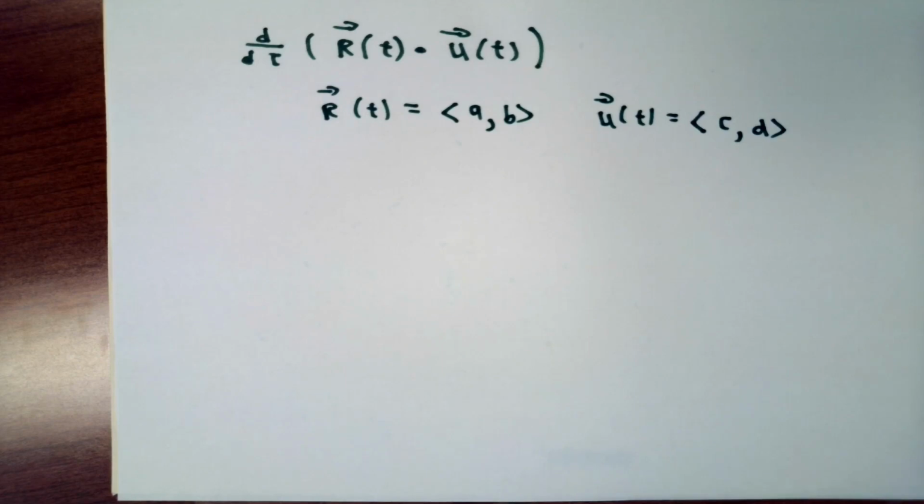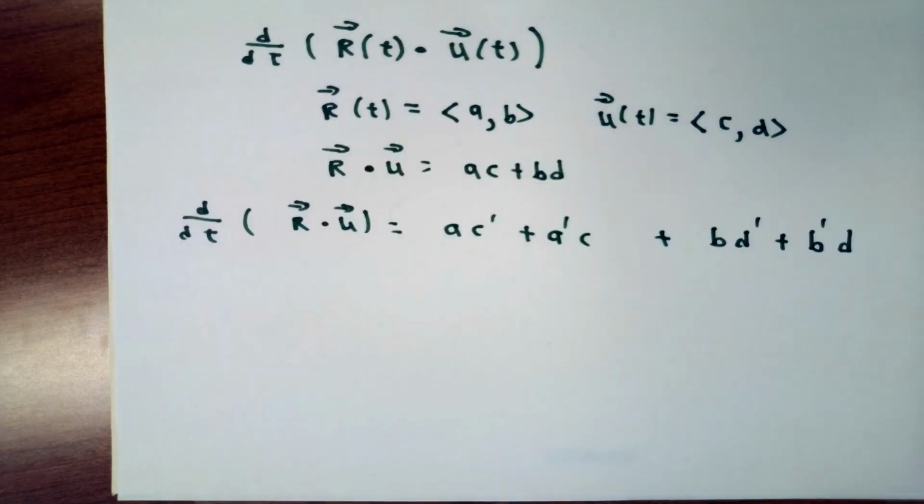I'll call the components of r a and b. A and b are ordinary functions of t, as are c and d. I'm working this in 2 dimensions. The argument for 3 is exactly the same. Since a times c and b times d are just ordinary products of regular old number functions, we can use the product rule on them individually.